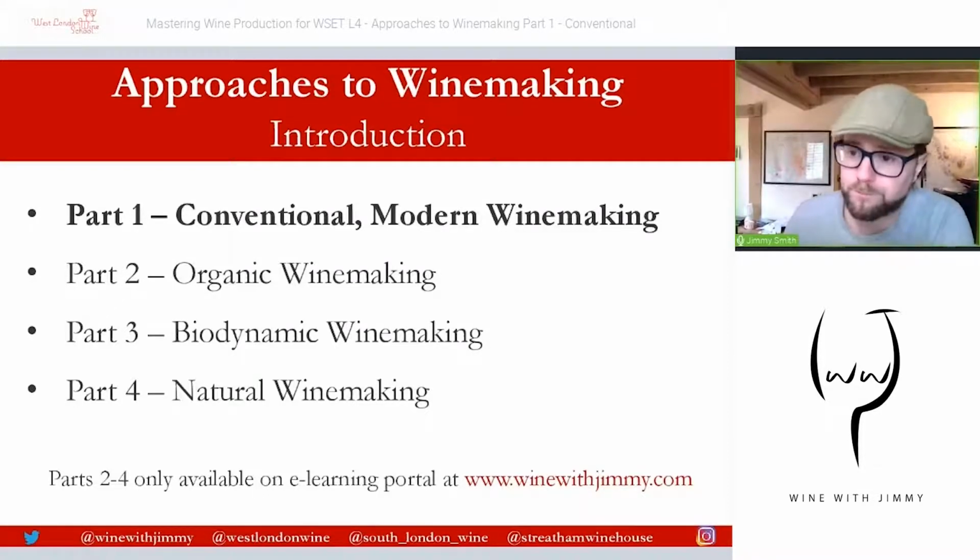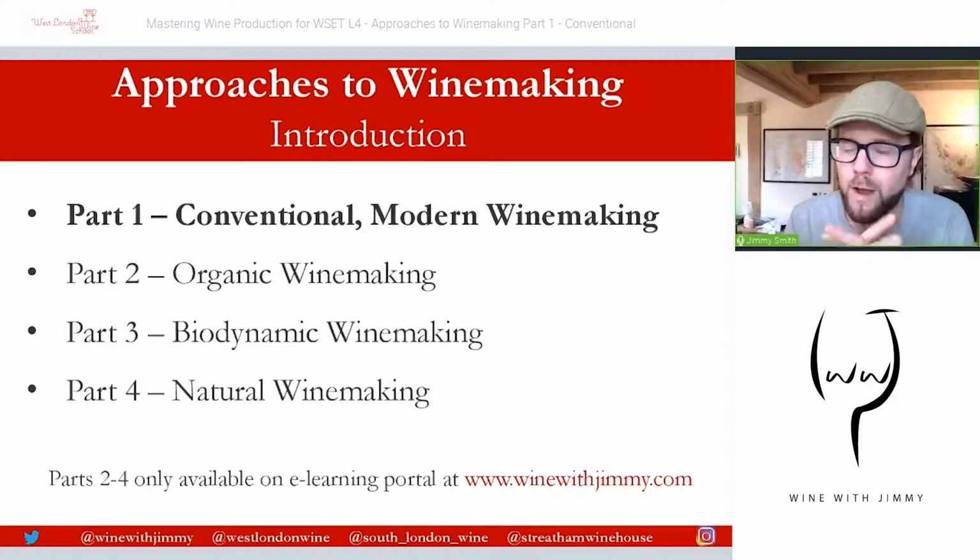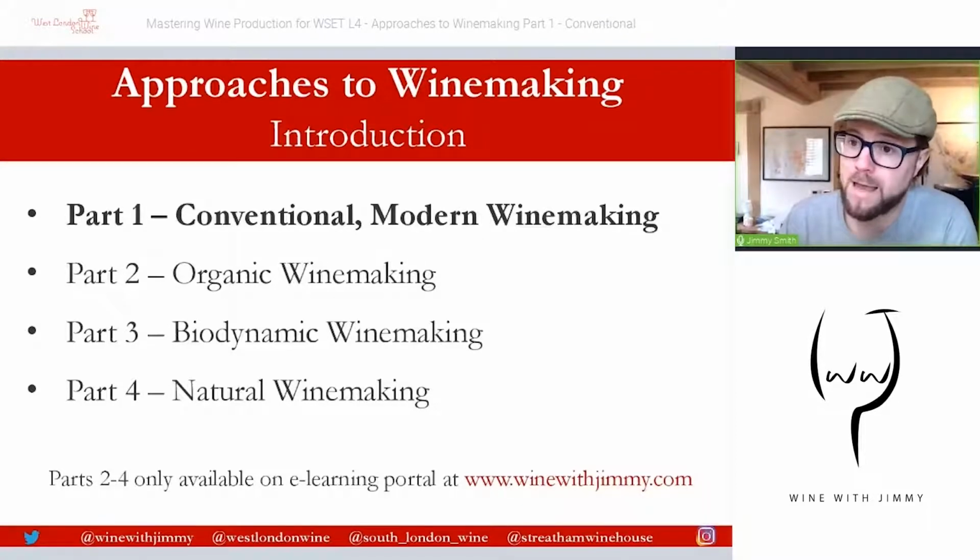Now, this approach, conventional modern winemaking, is used across all types of styles, quality levels, and of course prices. So you'll find this at the high end as well as the lowest end. It really depends on what the winemaker, he or she, is aiming to get as the final product. Okay, so let's have a look at certain things that we will overview in terms of what would be deemed as conventional and modern winemaking.